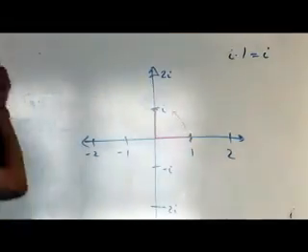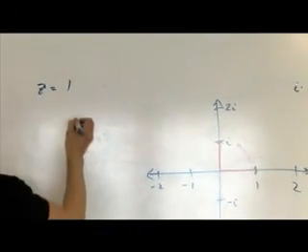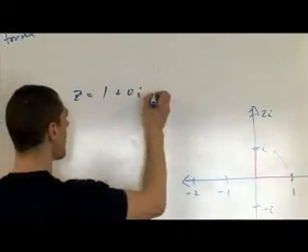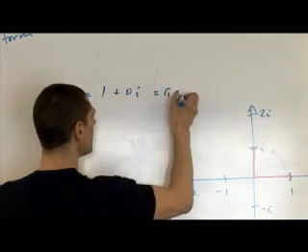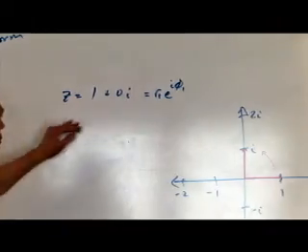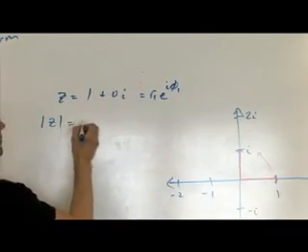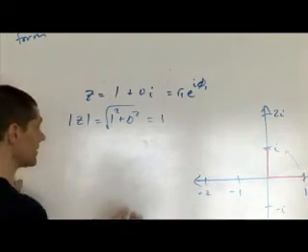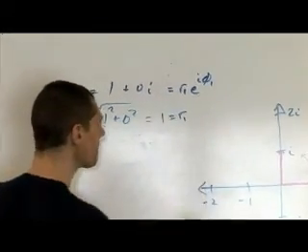First, if Z is equal to 1, this is 1 plus 0I, how do you write this as R1 e to the I theta 1? Well, the modulus of Z is going to be the square root of 1 squared plus 0 squared. This is just 1 on a good day, so R1 is equal to 1.